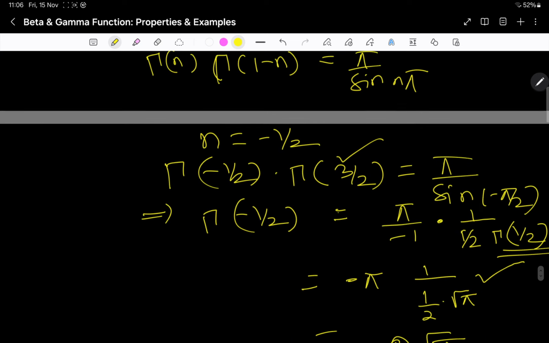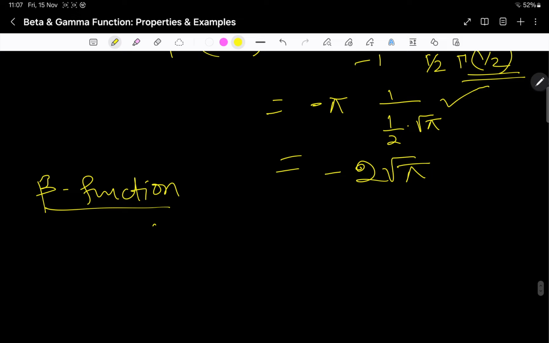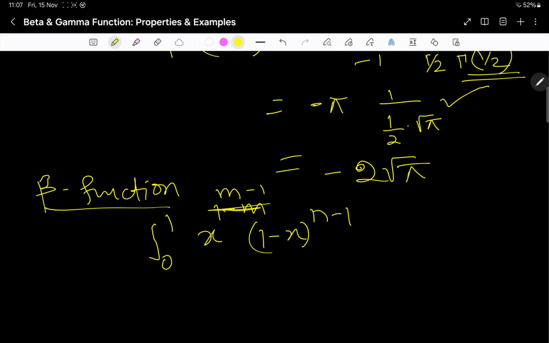Now comes the beta function. Already I have told you what the beta function is, and we will discuss its properties. This beta function is the integral from 0 to 1 of x to the power m minus 1 and 1 minus x to the power n minus 1 dx.